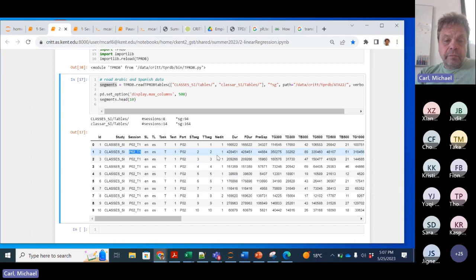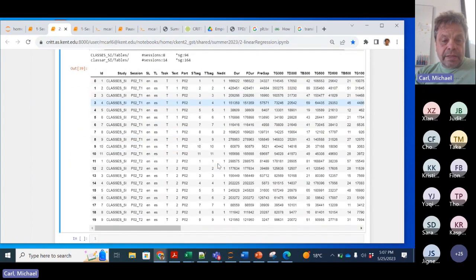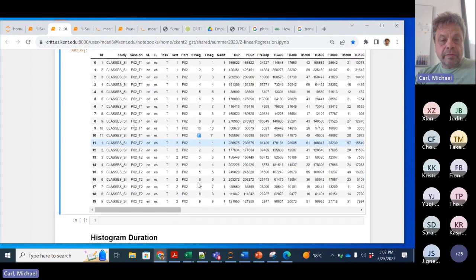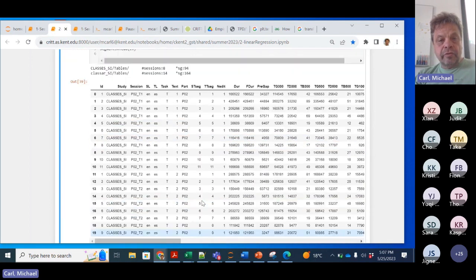Okay, so then we have here, I can maybe also put 20, and then we can see that there are 11 segments in text 1, and then we have text number 2, and we have segments 1 to n in text 2, and so on.